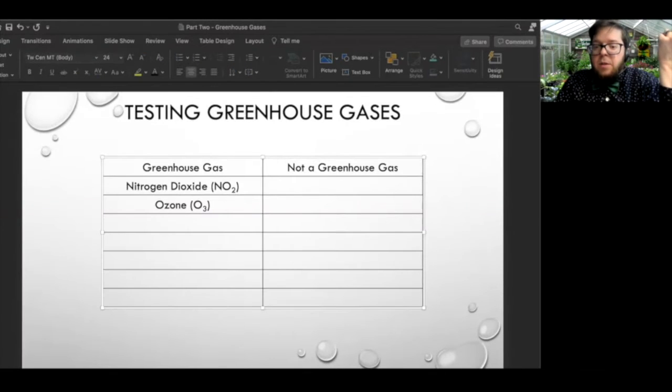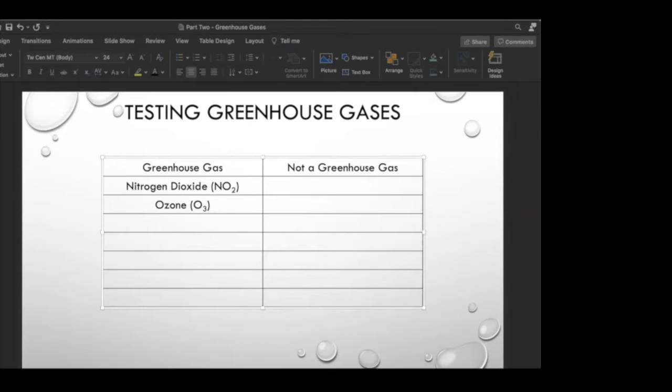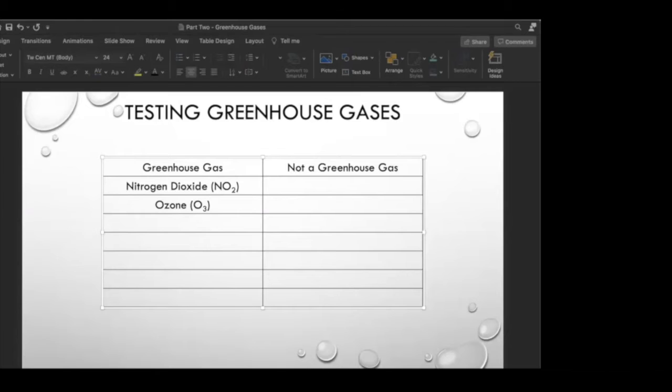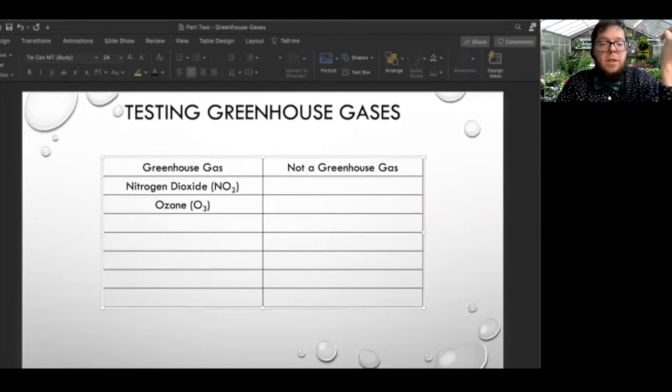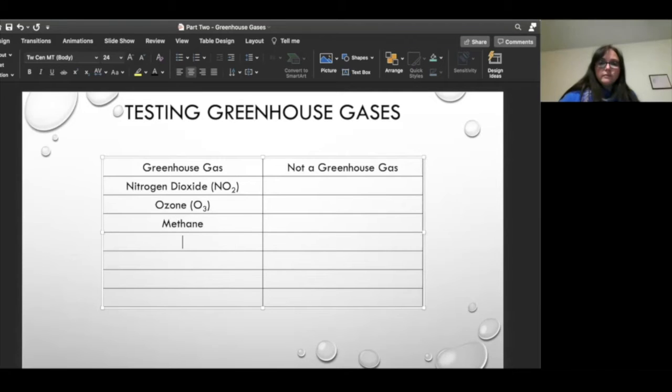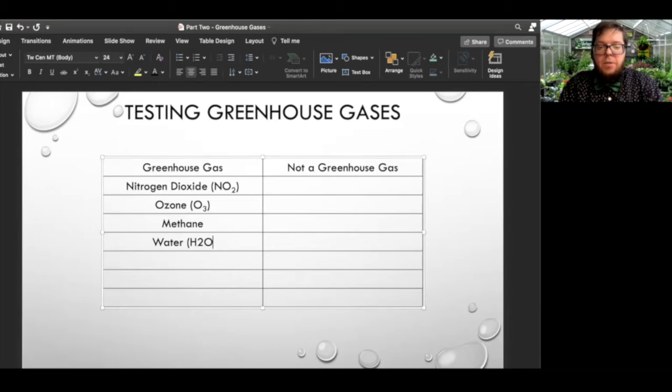The simulation also allows us to test carbon monoxide, diatomic nitrogen and oxygen, methane, carbon dioxide. Sorry, shout it out again. Methane. Methane is absolutely a greenhouse gas, right? Water. Good old-fashioned water, H2O, right?